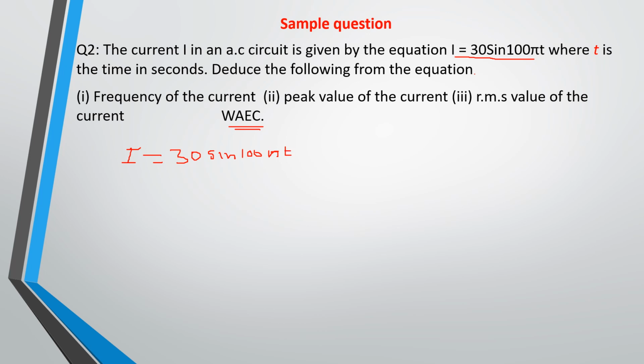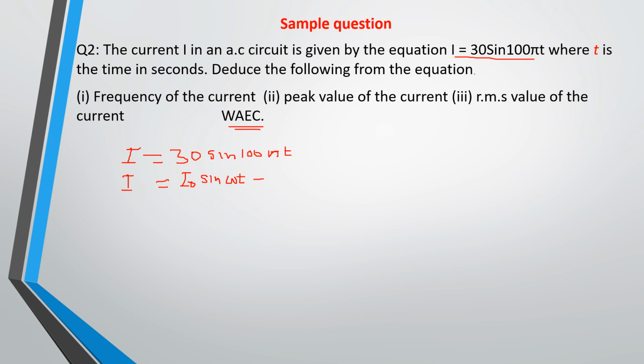Then your normal wave equation for current is given as I0, that is the peak value of current, sine wt.